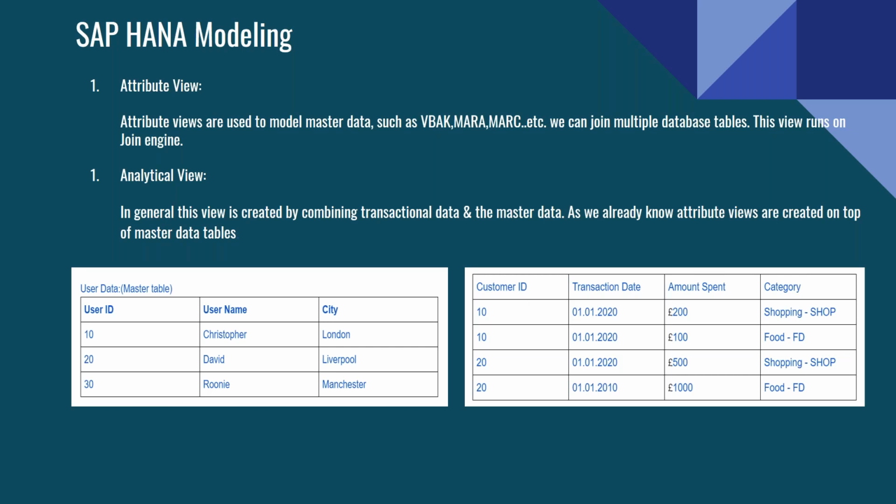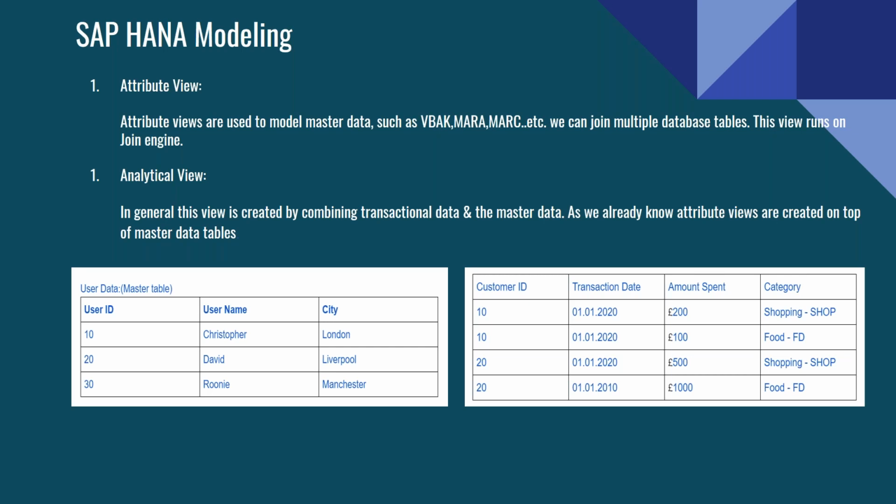In real time, for customers to make a decision, they have to see the reports, just like how we do in ABAP. So as I said, these views can be exposed to different reporting tools such as BO, Business Objects, Lumira, and also to Excel. There are different ways that the end user can consume.